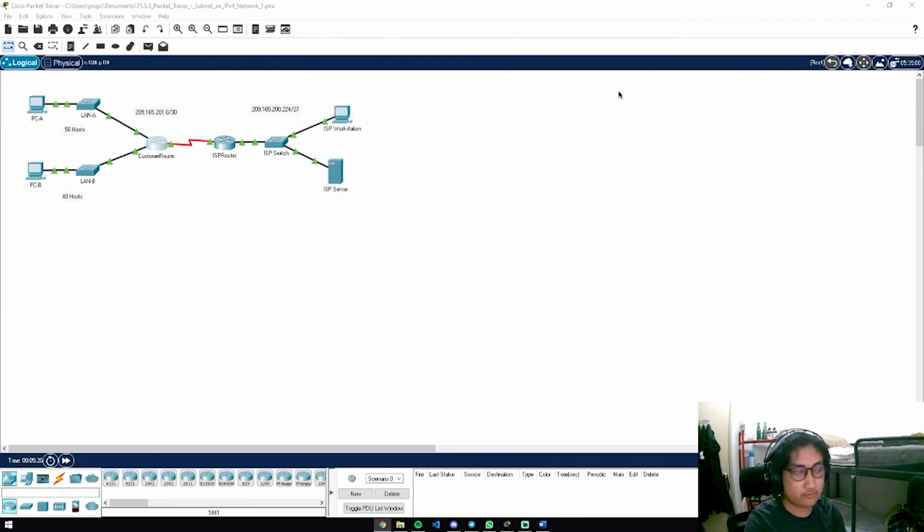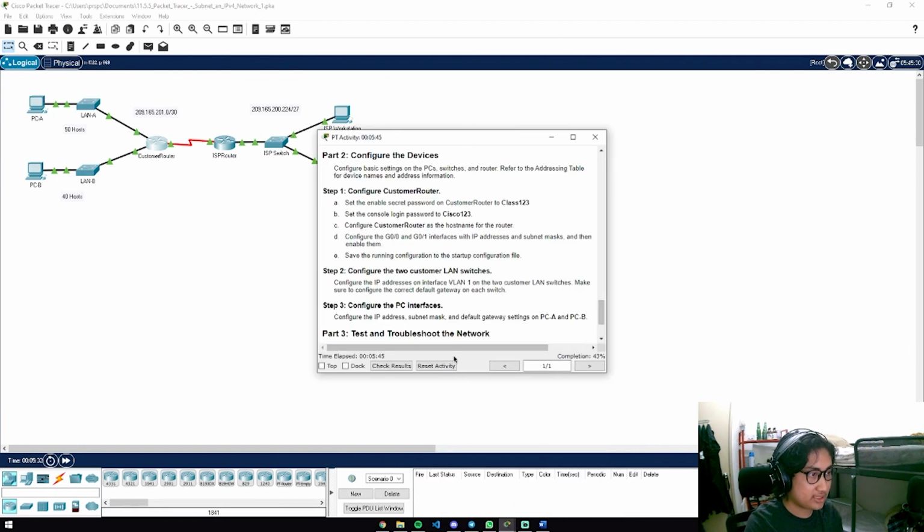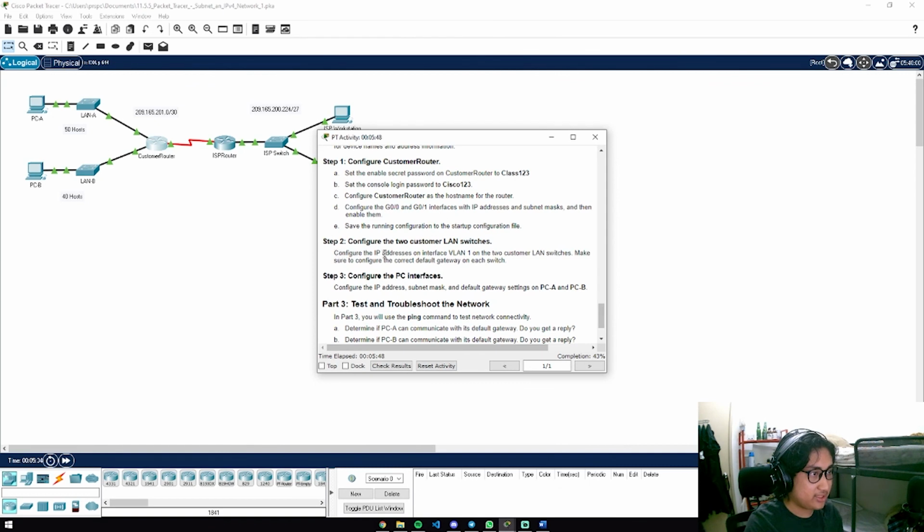Now we look forward to the two LAN A and LAN B. So as you can see here, we have to configure the IP addresses on interface VLAN 1 on the two customer LAN switches. So we have to make sure to configure the correct default gateway on each switch.